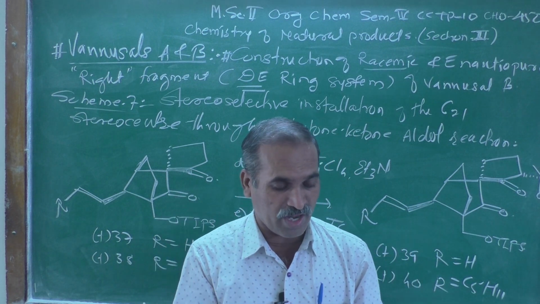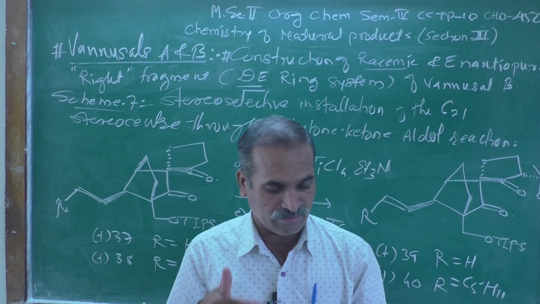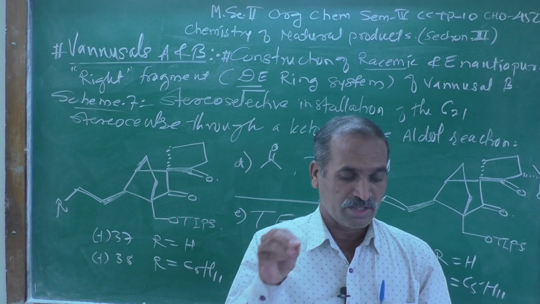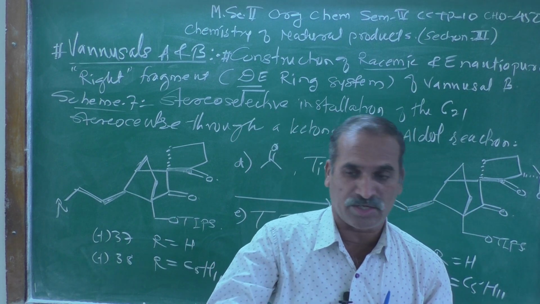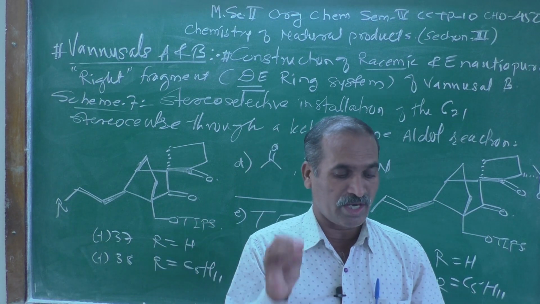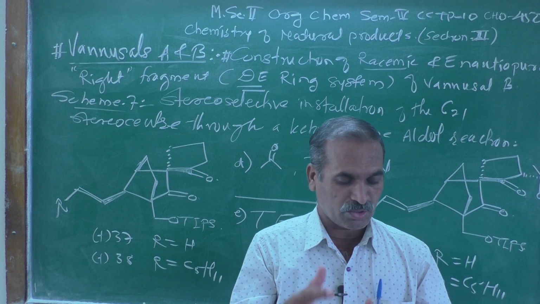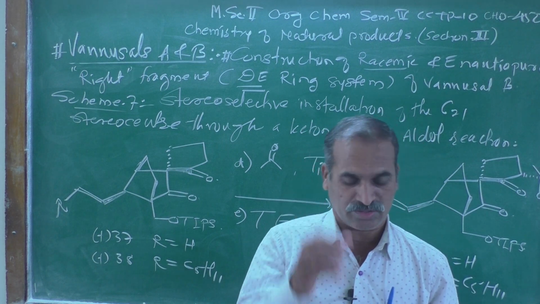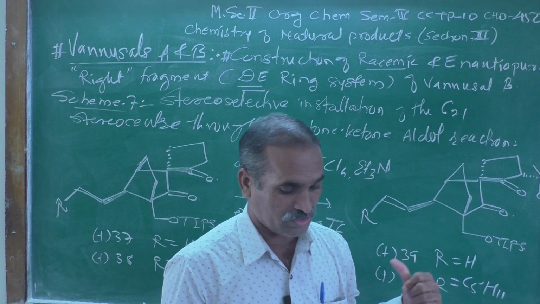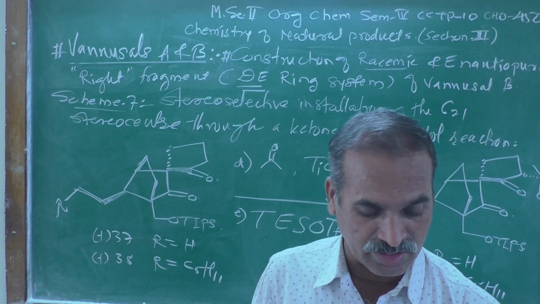The right fragment D we have discussed in our previous lecture, that is scheme number 7. Stereoselective installation means protection of the C21 stereoselectively through a ketone-ketone aldol reaction, and that is very important for how we got that structure up to 40 that we have discussed.